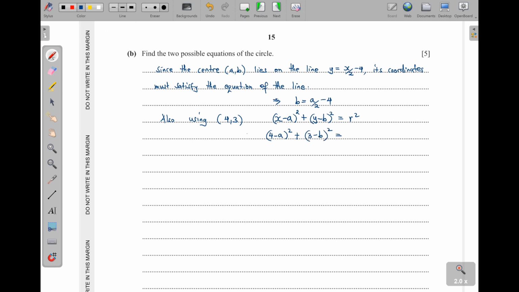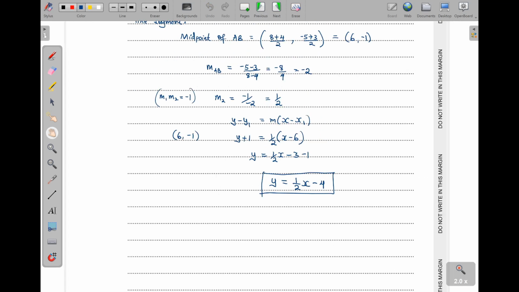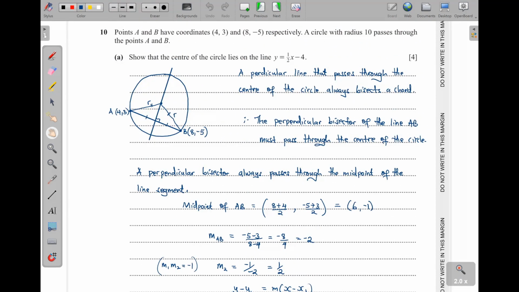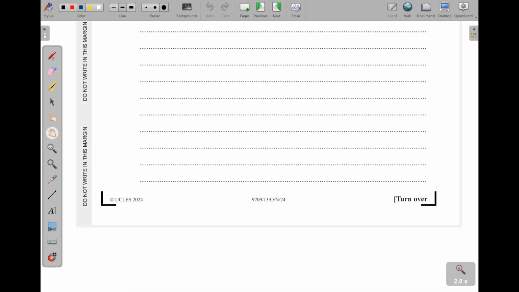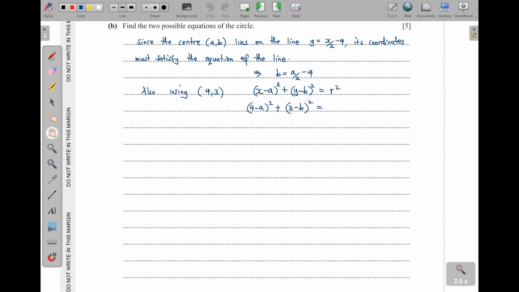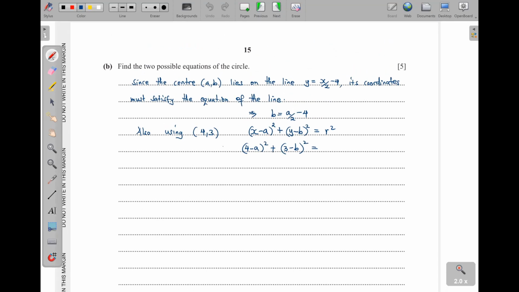The radius was given as 10. Yes, the radius is here, 10. Now when we go back here, we shall put the 10, that is 10 squared.